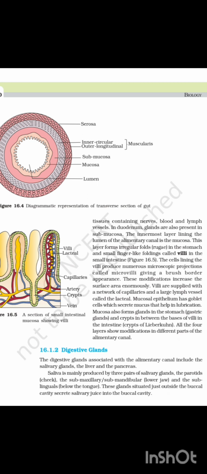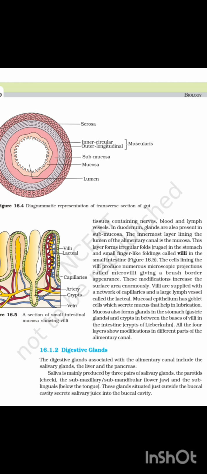The innermost layer lining the lumen of the alimentary canal is the mucosa. This layer forms irregular folds, rugae, in the stomach and small finger-like enfoldings called villi in the small intestine, figure 16.5. The cells lining the villi produce numerous microscopic projections called microvilli, giving a brush border appearance. These modifications increase the surface area enormously.